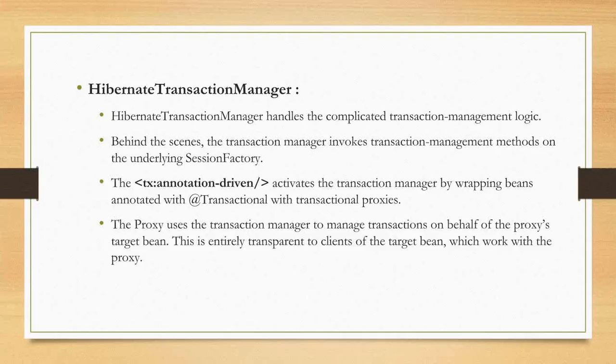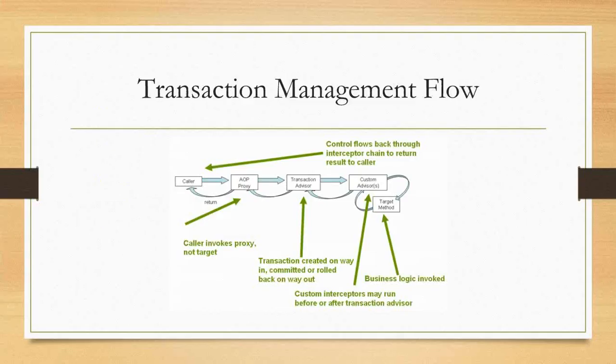The proxy uses the transaction manager to manage the transactions on behalf of the proxy's target bean. This is entirely transparent, so we don't have to worry about proxies, just as we never worried about them in the AOP. If you check this, it shows you the transaction management flow, how it works.